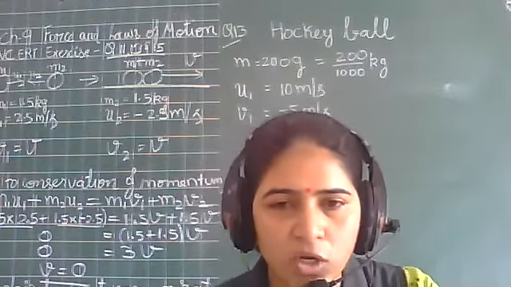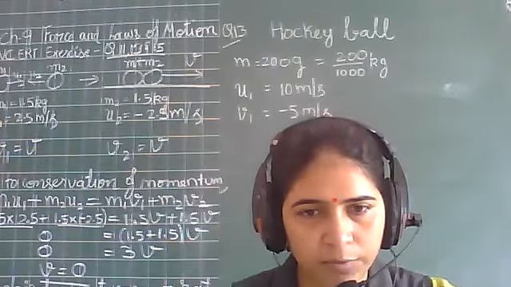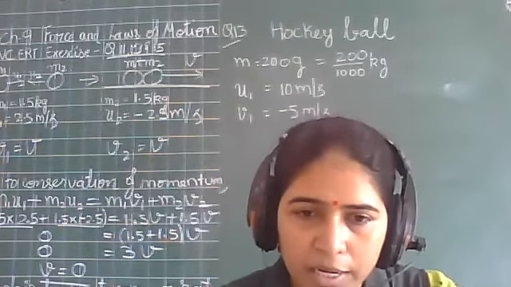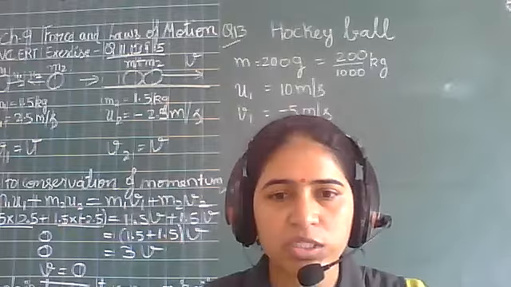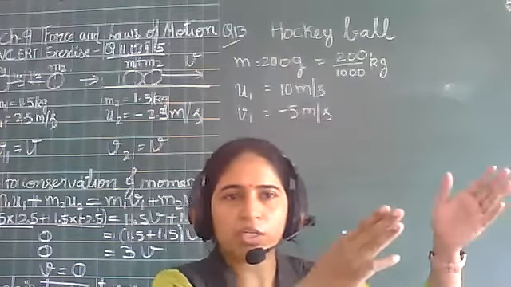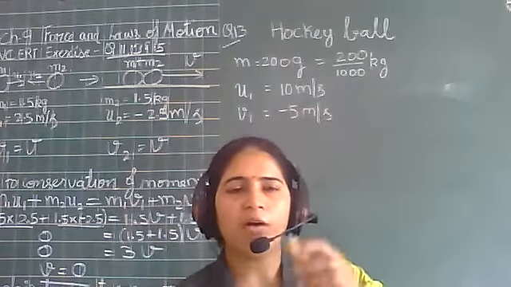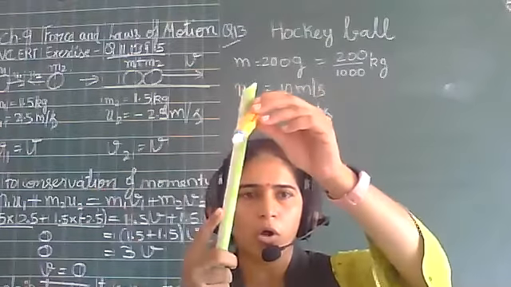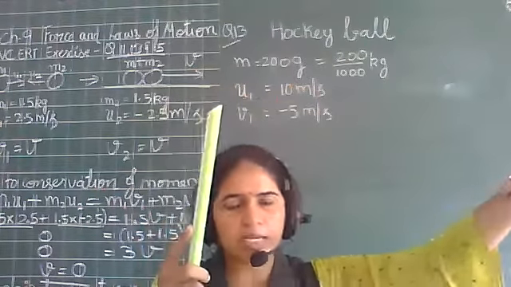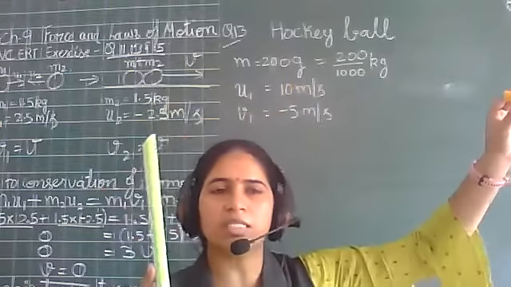So initial velocity is 10 meter per second and final velocity is 5 meter per second. But here the final velocity we will take as minus, because from whichever direction the ball is coming, after striking the ball is moving back along the same direction. The ball is returning in the same direction.